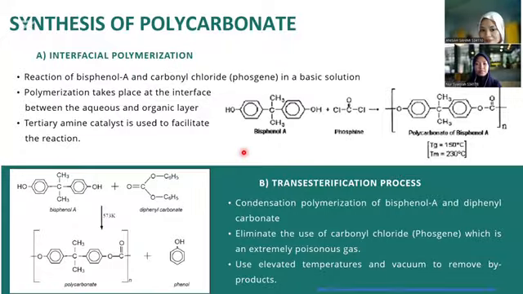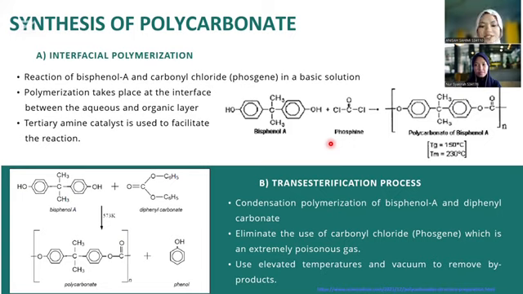this one is the bisphenol A structure and the second one is the phosgene structure, which can also be called carbonyl chloride. Polymerization takes place at the interface between the aqueous layer containing bisphenol A and the organic layer containing phosgene, with the help of a catalyst called amine.